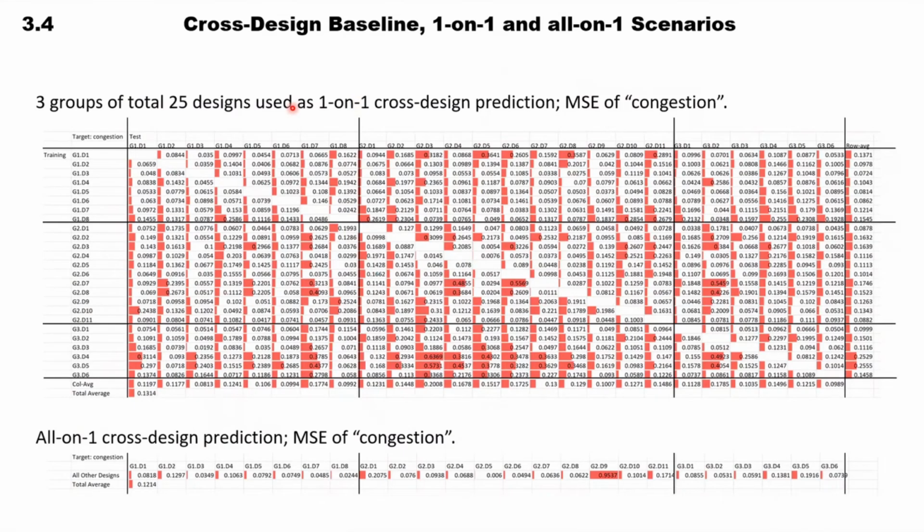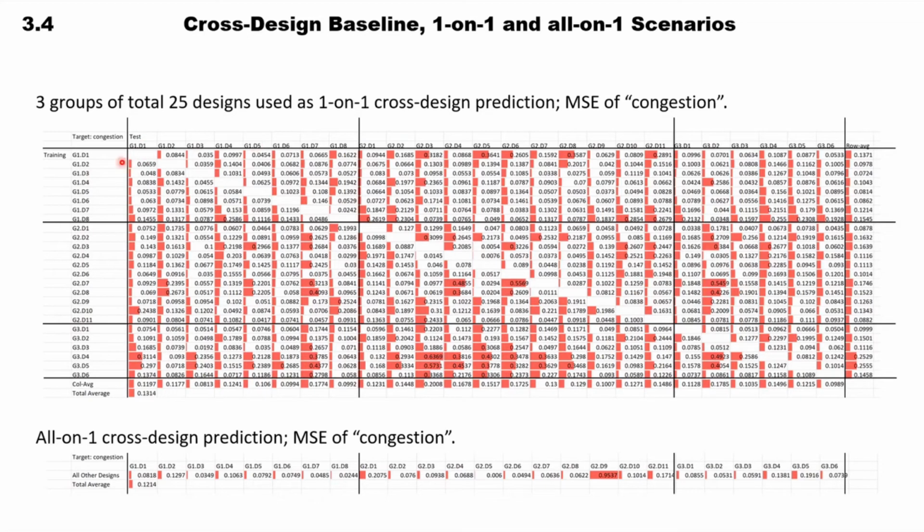We start our cross-design prediction investigation by looking at a baseline approach for 2 cross-design scenarios. These 2 tables shown here are the root mean square error of congestion. The first table is one-on-one. The first column on the left is the training design. The top row is the test design.